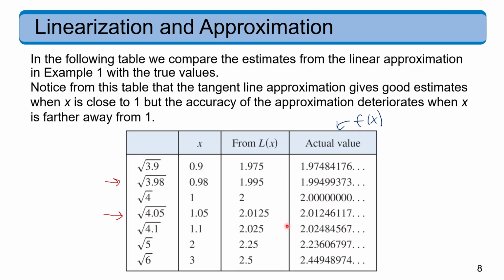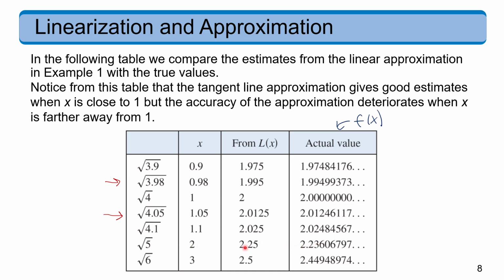And if you recall the graph, the tangent point is the same on both f and L because they touch each other there, they intersect there. So that will always be the case, that L and f will be equal at the point where it's tangent. Still pretty good here, but then notice these aren't so great.